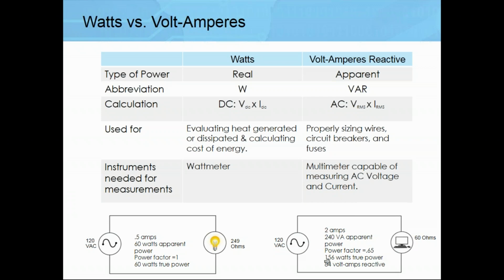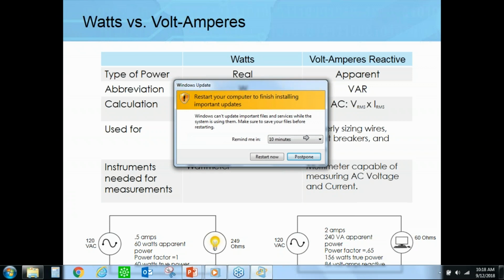So again, the total power consumption for a PC may be rated at 240, but the real energy that's being used to heat up the components or do some work may be only 156 watts. This gives you a power factor of 0.65. So this is not a purely resistive product. It's more of a resistive and capacitive product.